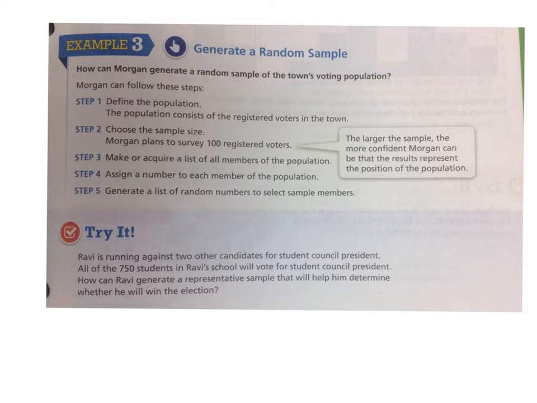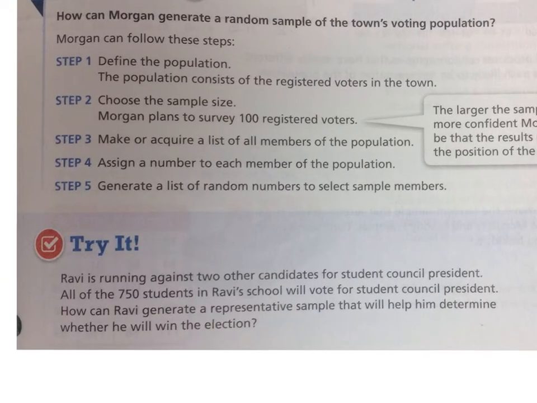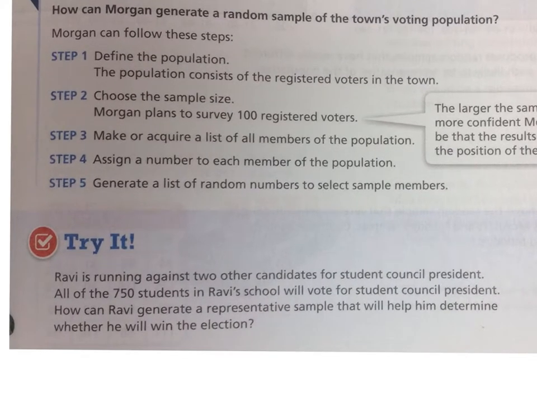Example 3, how can Morgan generate a random sample of the town's voting population? So to get a random sample, she first needs to define what the population is. In this case, the population would be the registered voters in the town. And then she can choose the sample size. Here it says she's going to ask 100 people.